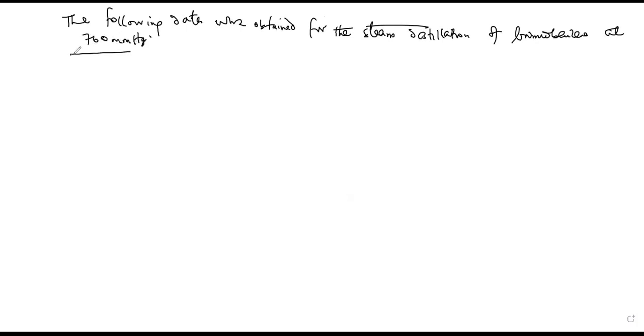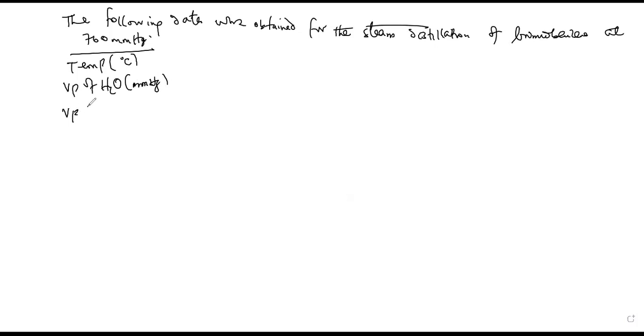Now this is the main thing: 760 millimeters of mercury. So we have temperature in degrees Celsius. We have the pressure of water in millimeters of mercury.